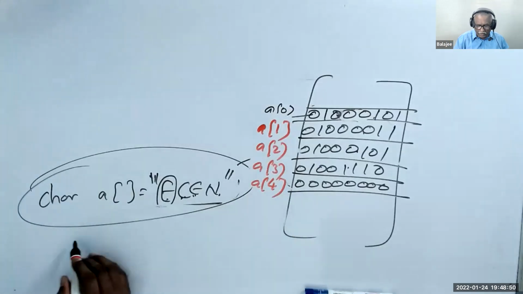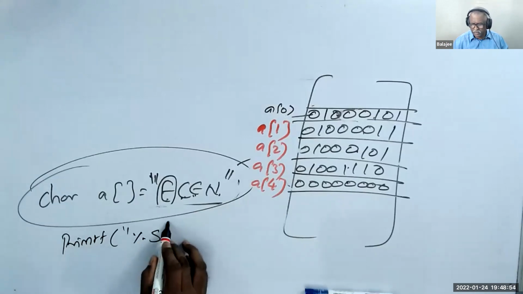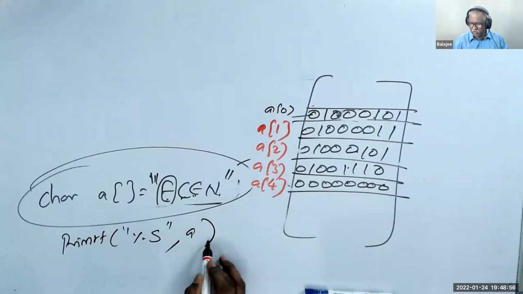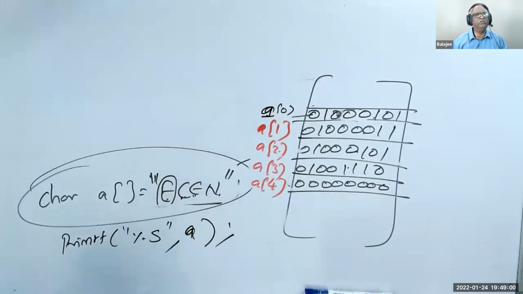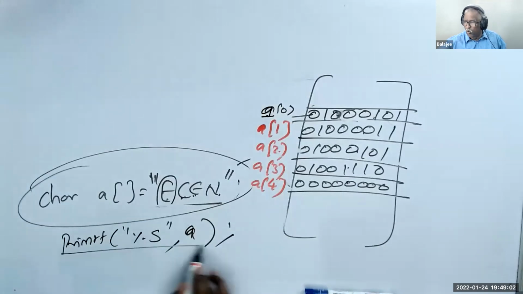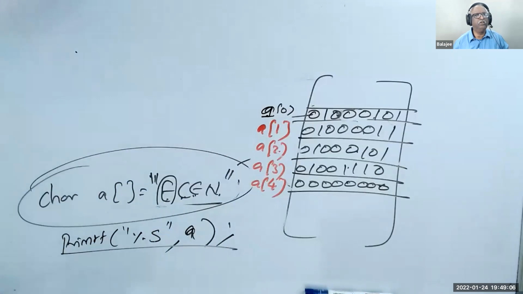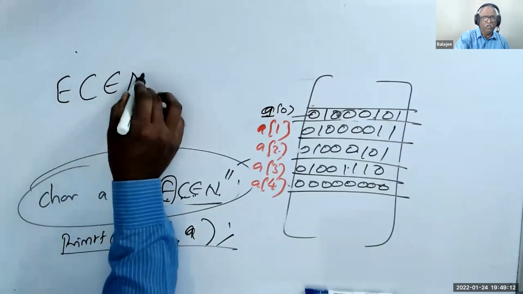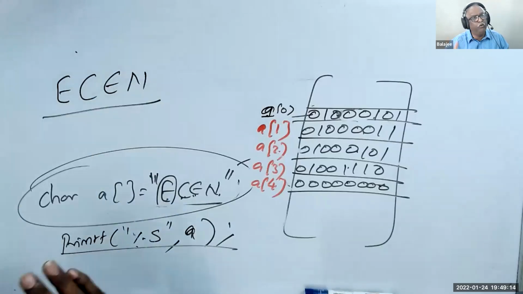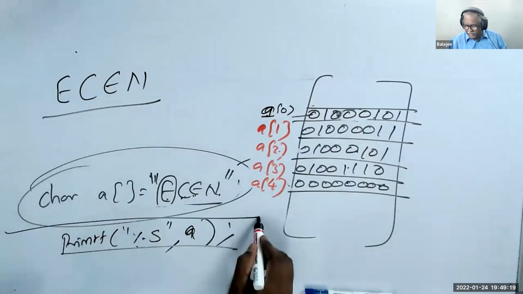You can say printf of percentage s, comma A. Since you gave A, it's the array's starting address, so printf will print up to the 0. So you will get ECEN on the screen. So don't get confused between the storage and printing. These two are totally not connected.